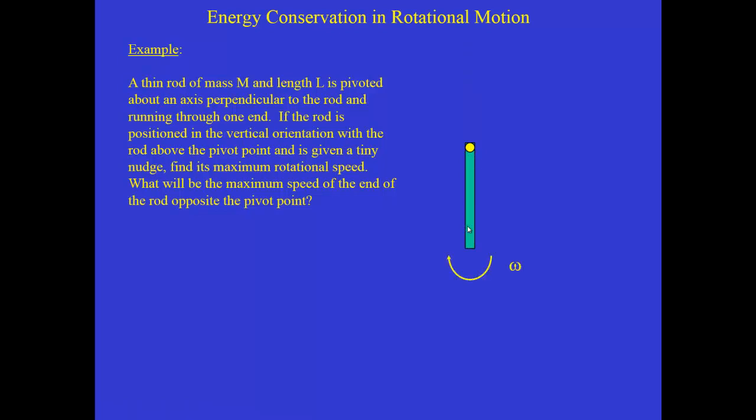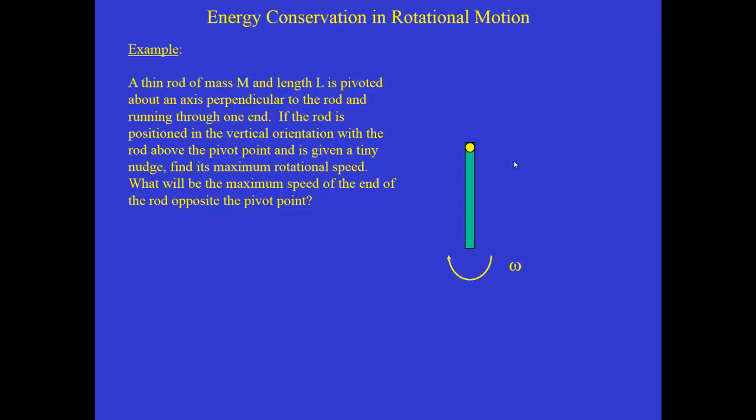And we might like to figure out, if we give it that initial nudge so that it essentially starts from rest, it starts from a very low speed, what would be the maximum rotational speed that it would have? Of course, we can see that it makes sense. The maximum speed would be when it's in this vertical position shown right here. So how would we do that?